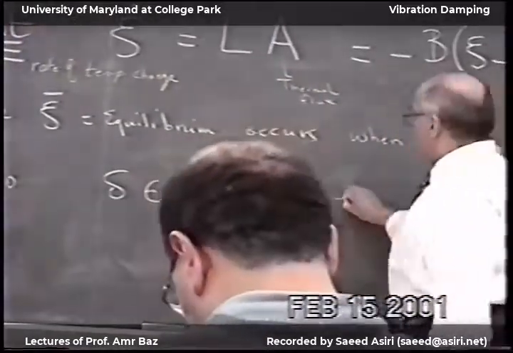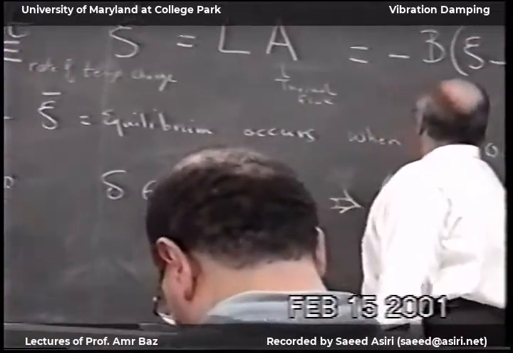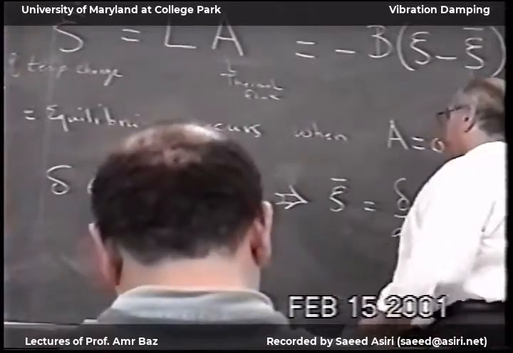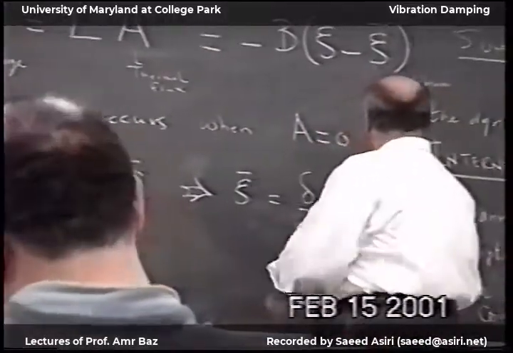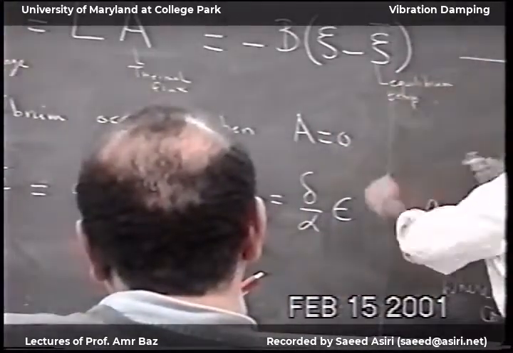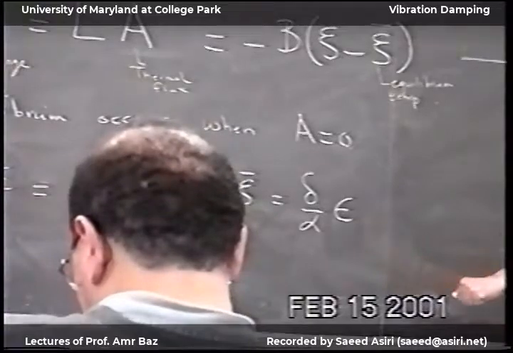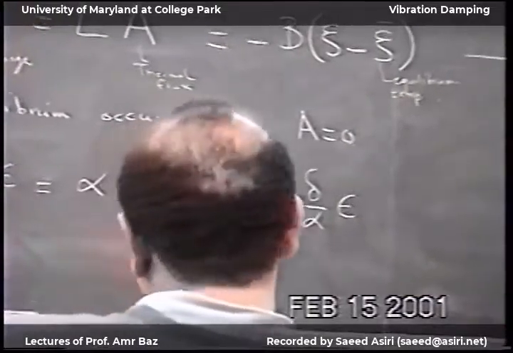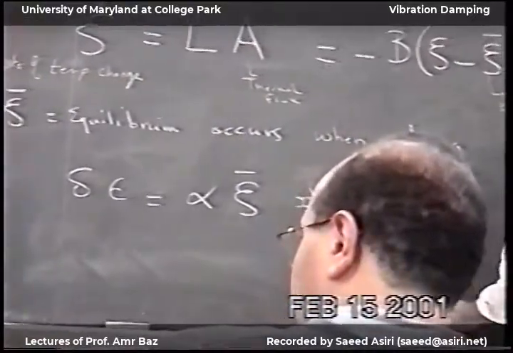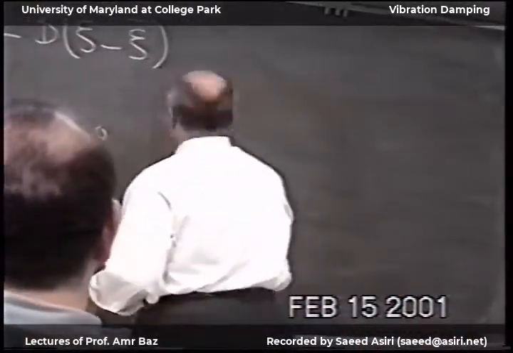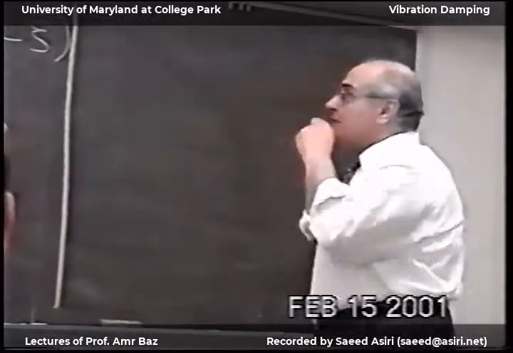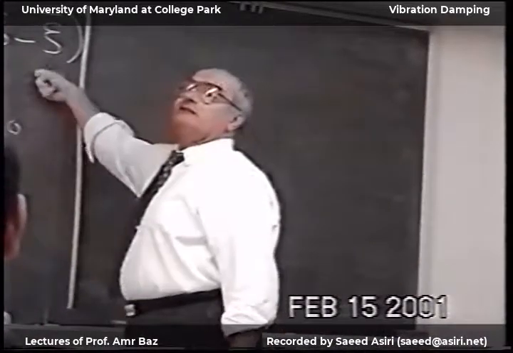So the equilibrium temperature gradient will equal delta over alpha and epsilon. Now I'll take this and plug it here.